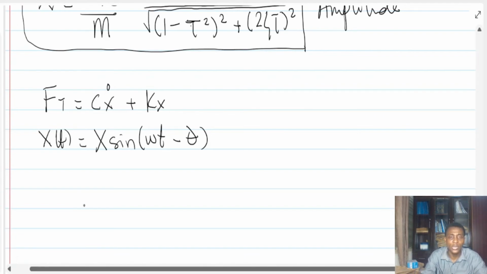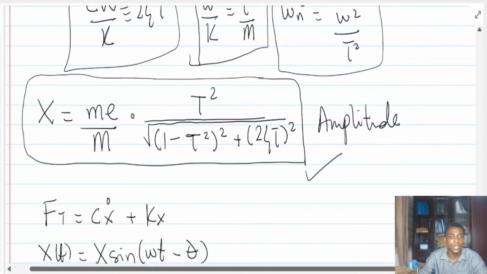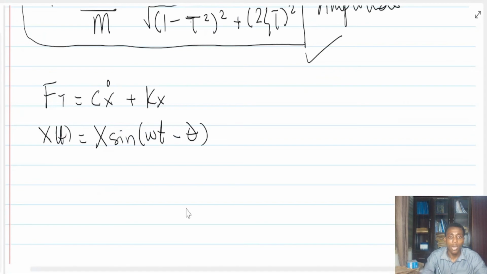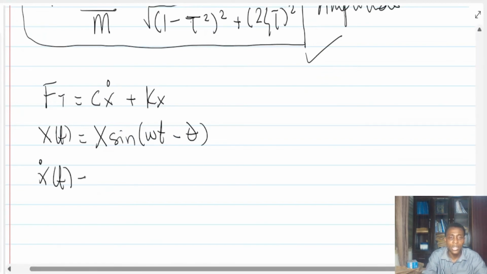Okay, this amplitude over here, this one. All right. Now let's find the first derivative. So the first derivative is going to be x omega cosine omega t minus theta, right?